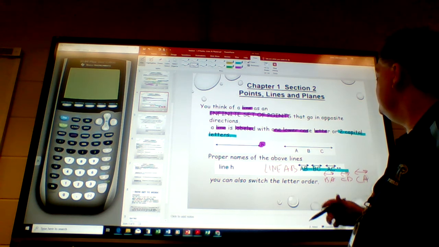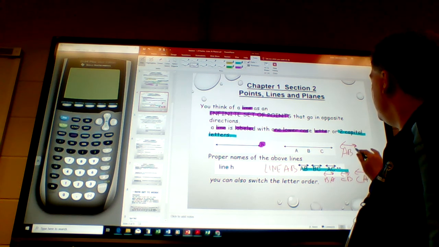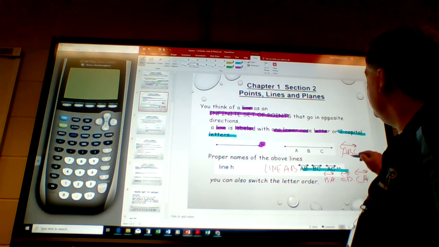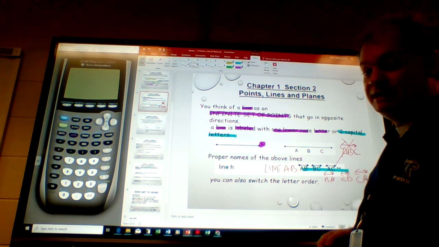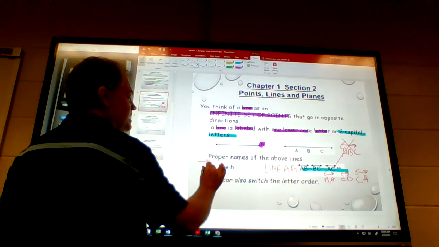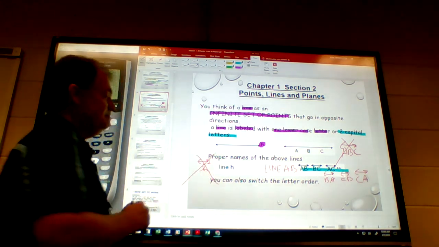On the other hand, here's what I cannot do. I cannot go line A, B, C. I cannot label it line ABC. I cannot use more than 2 points when naming a line. So don't do that. Nor over here, if you look, do not put a line symbol above the lowercase h. Do not do that. I'm going to put an X through that.